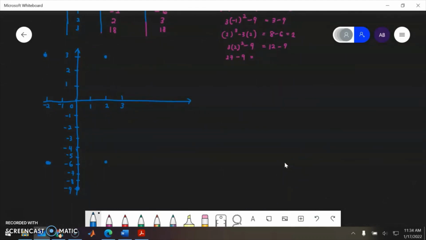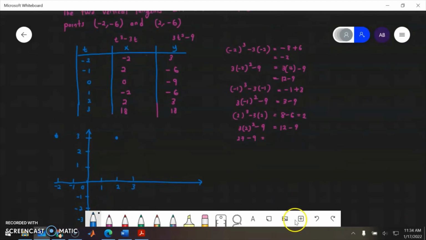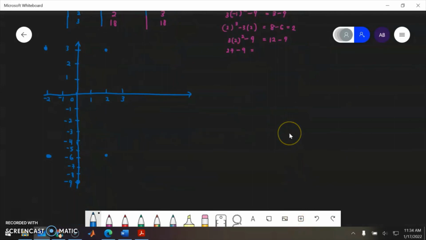But I don't know what the intersection point is here. We know that when t is 0, we get -9, which is here. So I don't know, it seems like something like this.